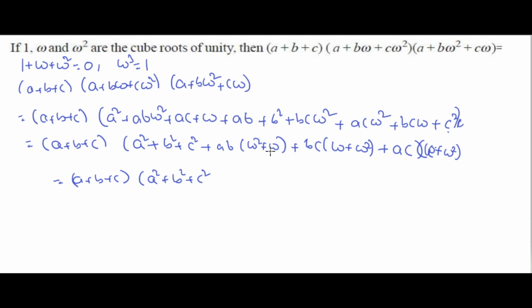Here omega square plus omega, the value is minus 1, minus 1 into ab, that is minus ab. Here also bc into (omega plus omega square) is minus 1, that is minus bc, next minus ac, that is equal to multiplying these two, that is a cube plus b cube plus c cube minus 3abc. This is the answer.